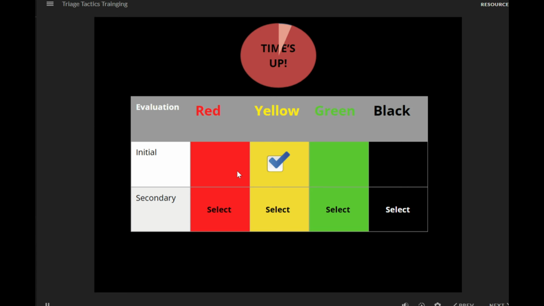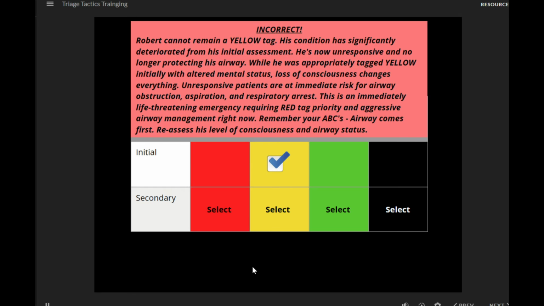You have 15 seconds. Select your triage tag now. Incorrect. Robert cannot remain a yellow tag. His condition has significantly deteriorated from his initial assessment. He's now unresponsive and no longer protecting his airway. While he was appropriately tagged yellow initially with altered mental status, loss of consciousness changes everything.